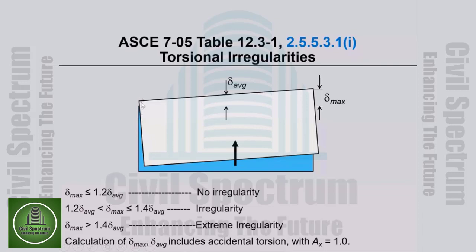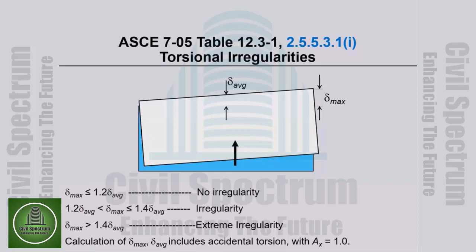The deflection here, the minimum deflection and the maximum deflection are very different. If the maximum deflection is less than or equal to 120% of the average, then we have no torsional irregularity. The definition is always in terms of a threshold.